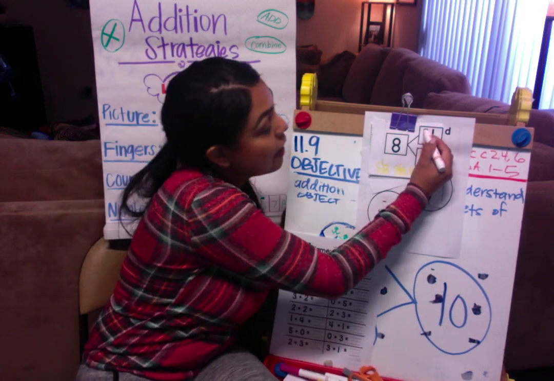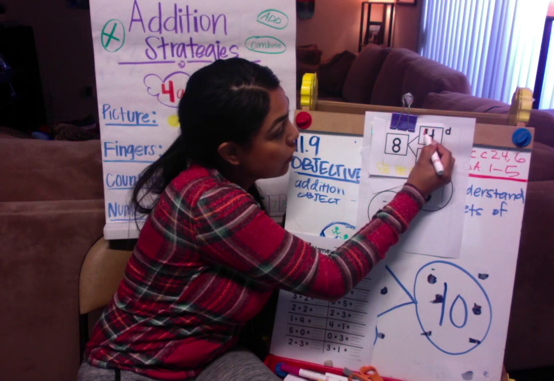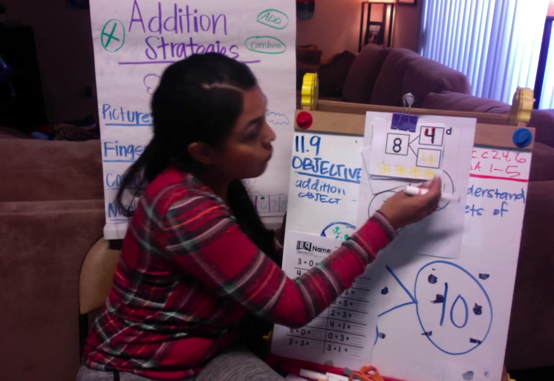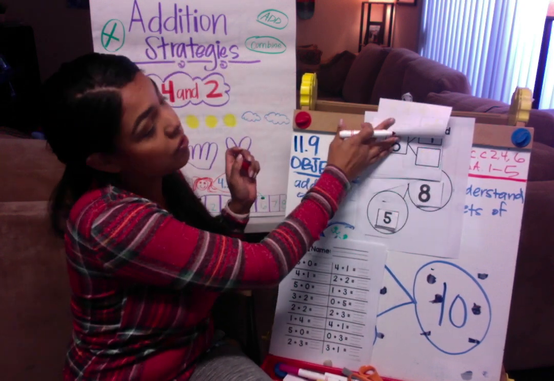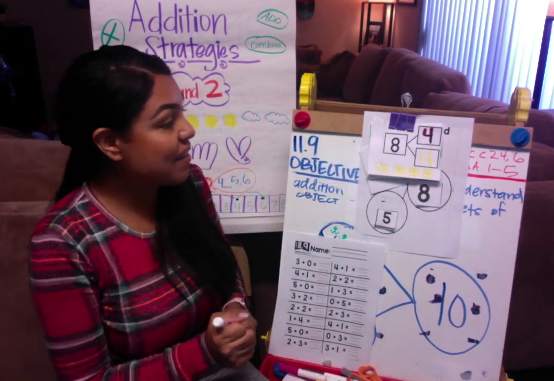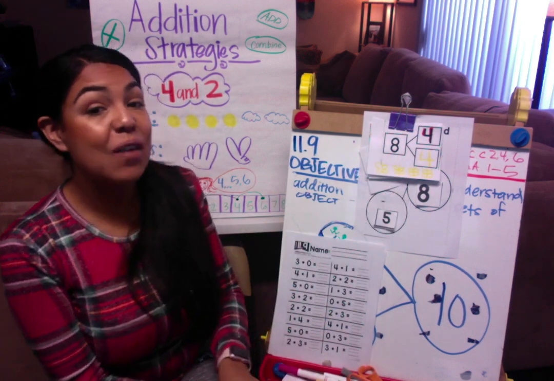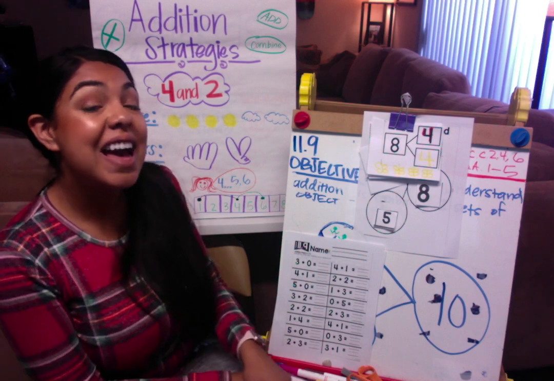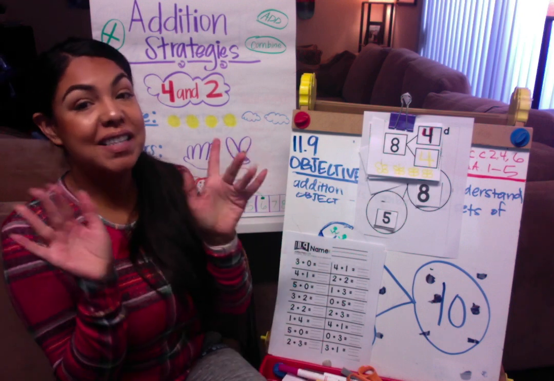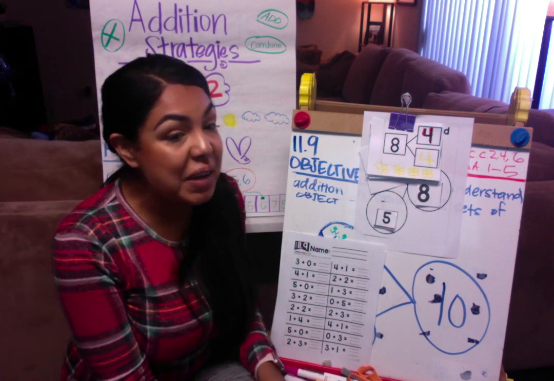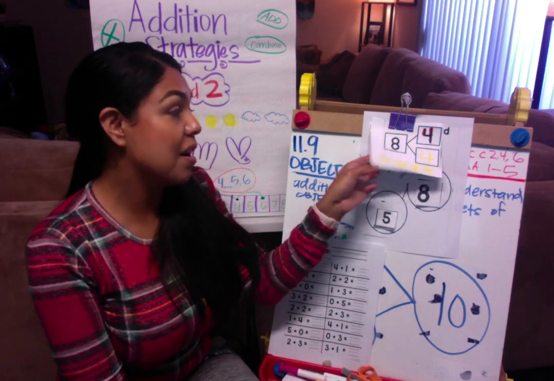And if it helps you trace them to know what you're counting, by all means, go ahead and do that. Also, if it helps you draw more on the back, you can too. All right, boys and girls. So I did that all by myself. You guys helped me, but that's because I love when you guys help me solve mysteries, right? Dum, dum, dum. Good. So I want you guys to do all of your number cards all on your own.